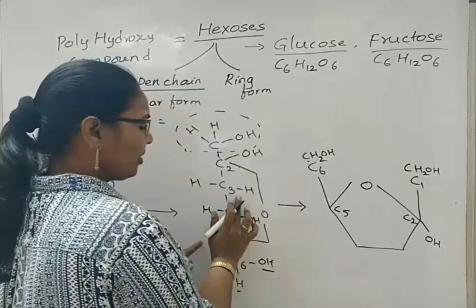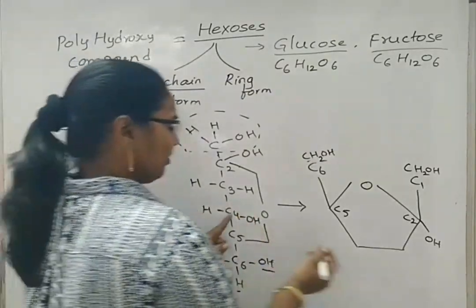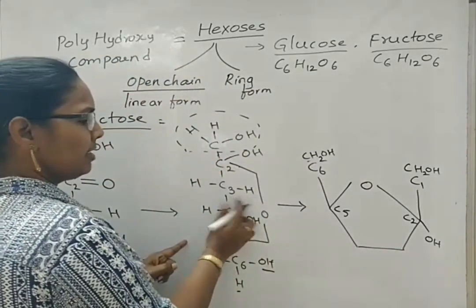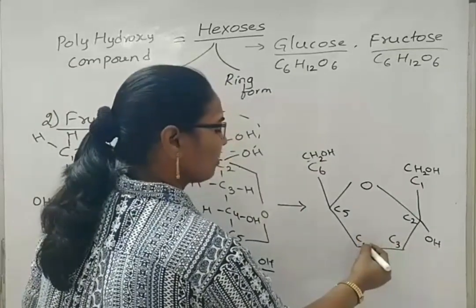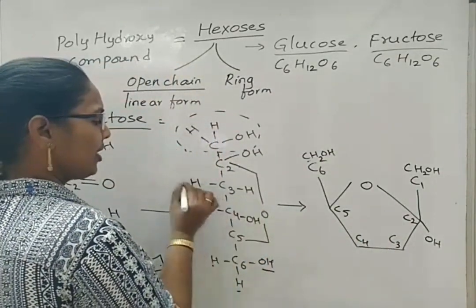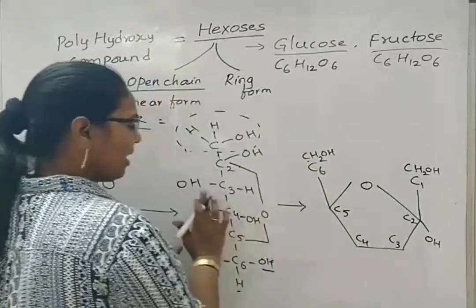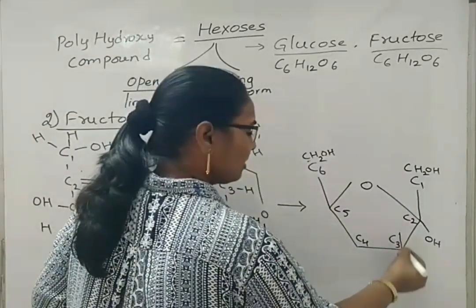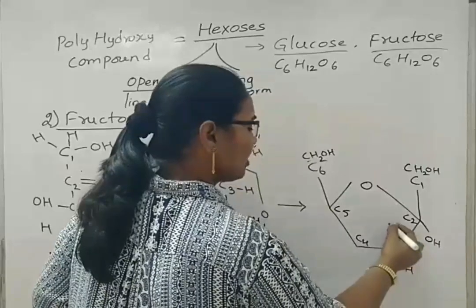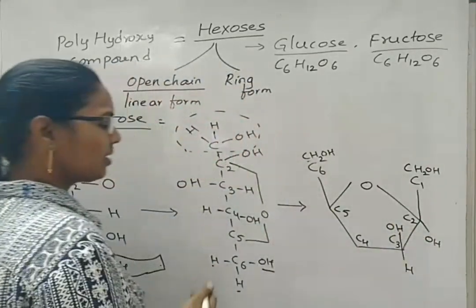Now, what about carbon 3 and carbon 4? Carbon 3 has hydrogen on one side and OH on the other side. That I am representing as hydrogen here, OH on the other side.